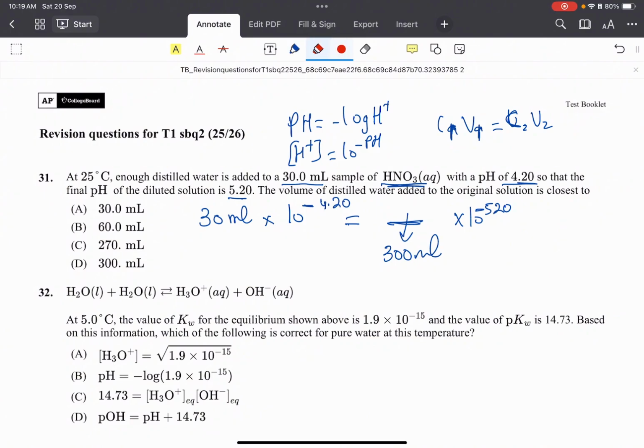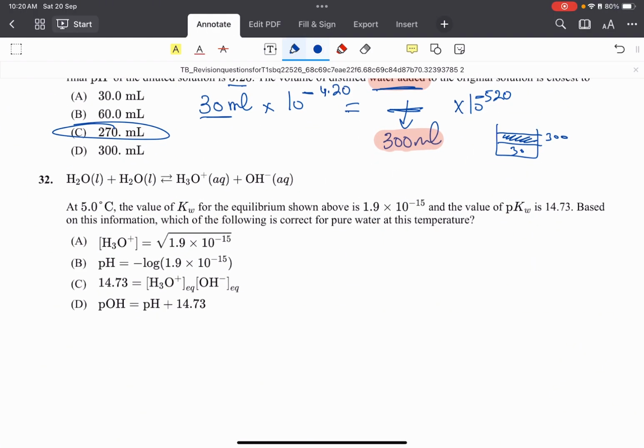However, read the question carefully. How much is the volume of the water added? This is the total volume. I have the 30 milliliters, now the new volume is 300. So it means this is the amount of water that I added. So 300 minus 30, this is the water added. Next question.